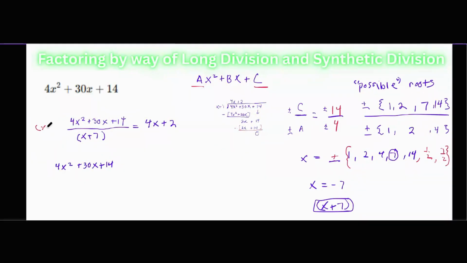So I'm just going to show that real quick. These are going to cancel now. Now you can cancel them, right? When you multiply x plus 7 times 1 over x plus 7 there, or 4x squared plus 30x plus 14 over x plus 7. Again, do not factor this and then cancel. That would not be right. So then we're going to have this.